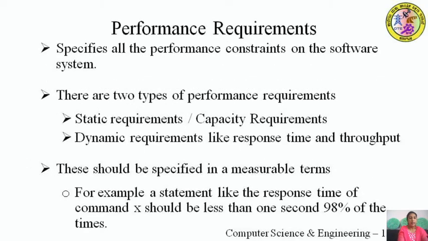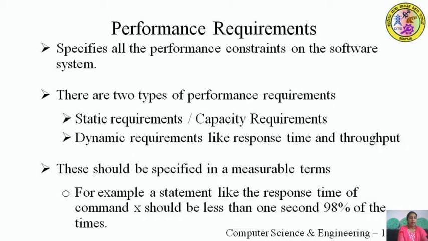Now let's see performance requirements. The SRS must specify all the performance constraints of the proposed software system. Basically, there are two types of performance requirements. One, static requirements, which are also called capacity requirements. Two, dynamic requirements like response time and throughput.